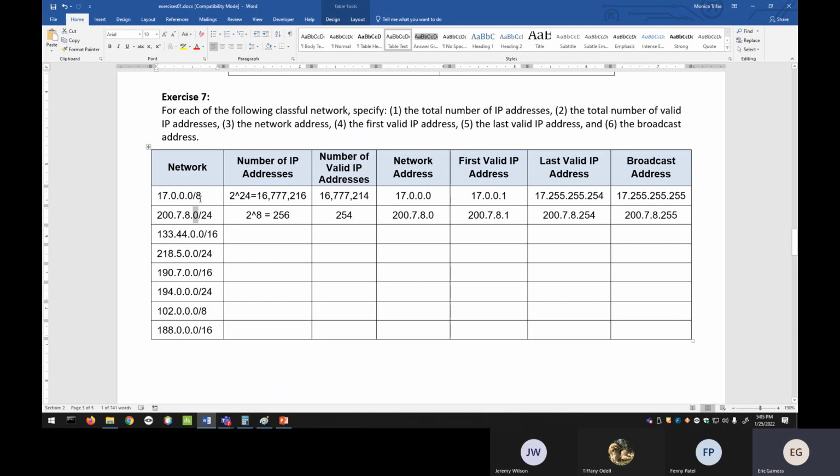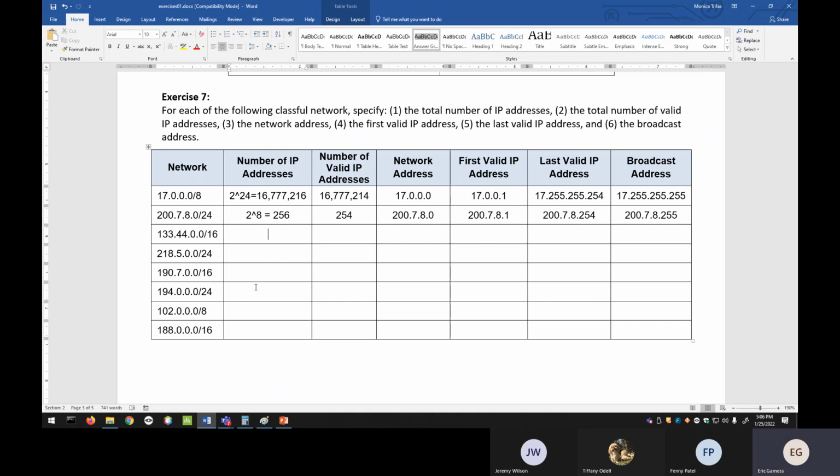This /8 says that the first 8 bits belong to the network part, and the remaining 24 bits belong to the host part. Okay, so this is a /16. The separation between the network part and the host part is done here, between the second and third byte. So the first question is, what is the total number of IP addresses?